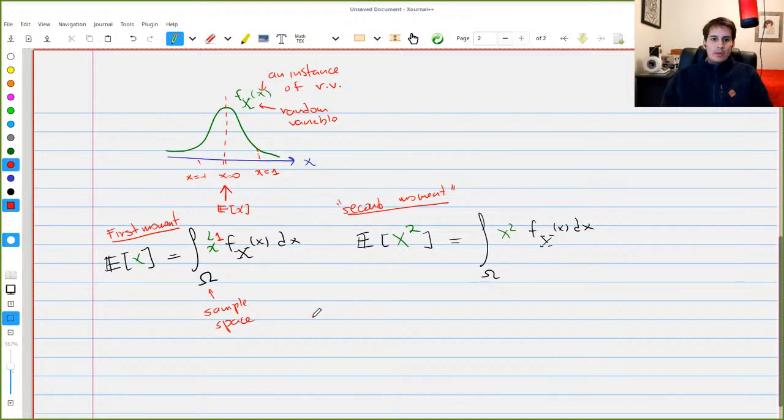Do you remember about that, Esteban? Yes. And do you remember what the moment generator function has that is very special? What can you do with the moment generator function?